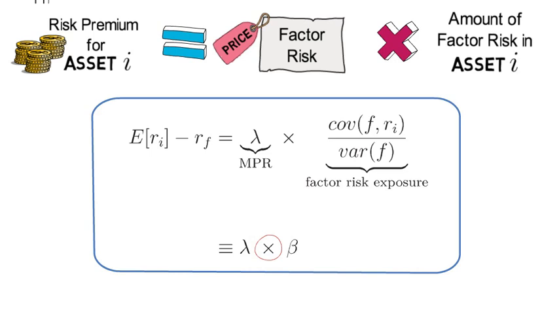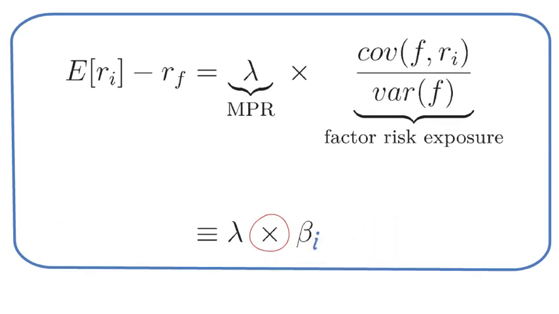And lambda is the expected risk premium you get for 1 unit exposure to a specific factor, here F, while beta tells you how much factor risk is part of my asset i. So I should even give the beta here an i index. And the beta just coincides with the covariance of asset i with the factor over the variance of the factor.